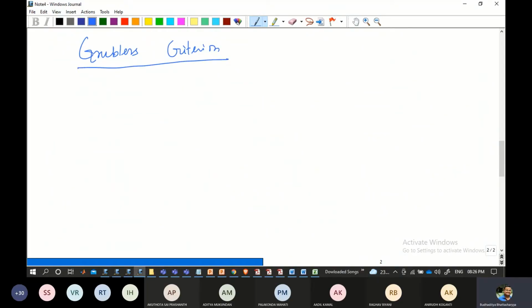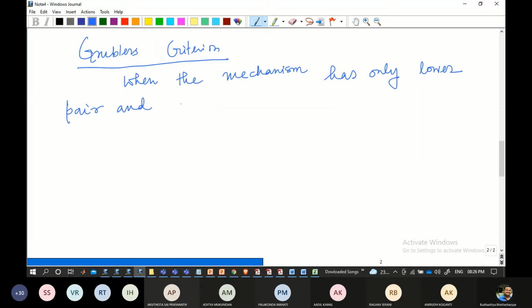So when the mechanism, please make a note, has only lower pairs, no higher pair, only lower pairs, and the overall mobility of the mechanism is unity.